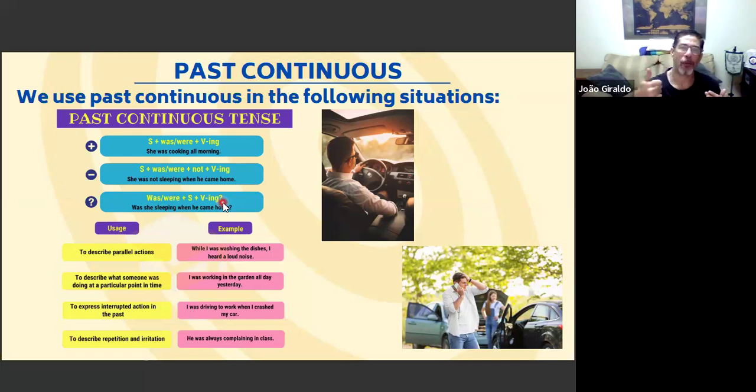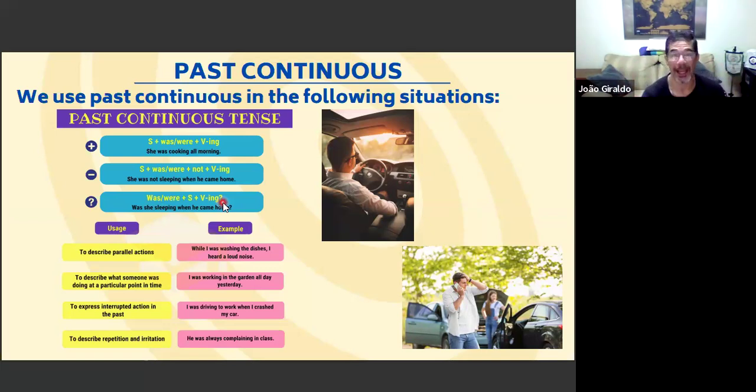And the principal verb, the action verb, the action of your sentence, in ing form, in the gerund. Basically, we don't use auxiliary verbs, no do, no does, no did, only the verb to be in the past and the action verb in ing.